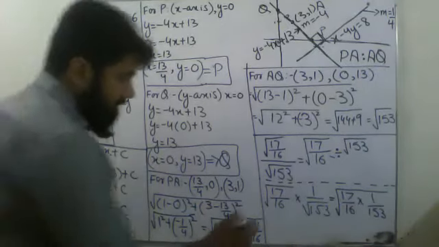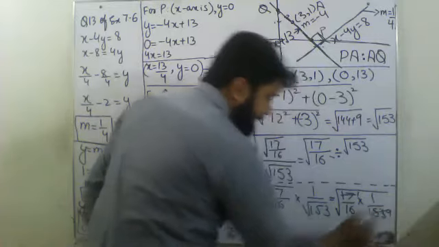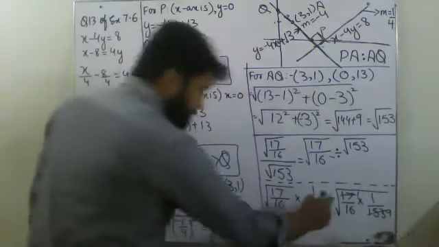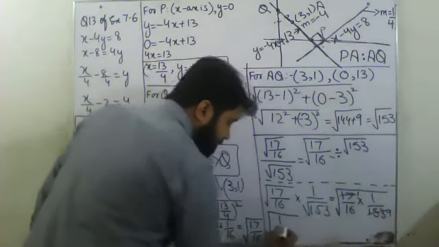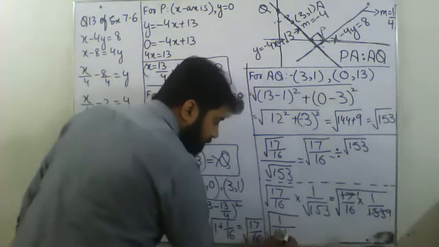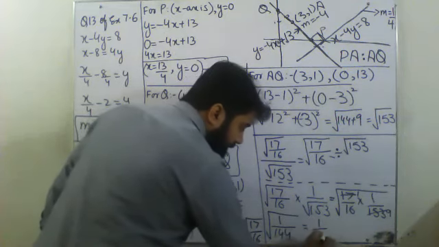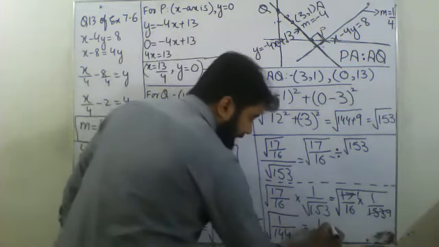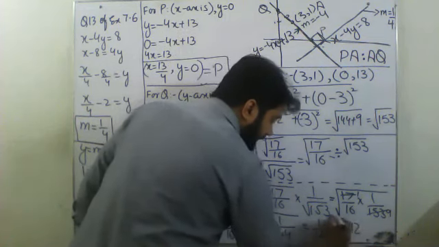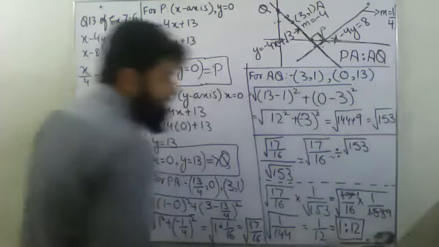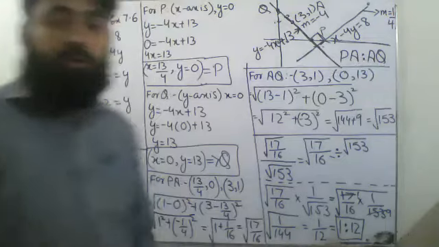So simplifying further, 17 1 and 17 9. Okay, so under root 1 over 16 into 9 will be equal to 144, and when I take the root, the result will be 1 over 12, and 1 over 12 can be written as 1 ratio 12, and this is your final answer for PA ratio AQ.